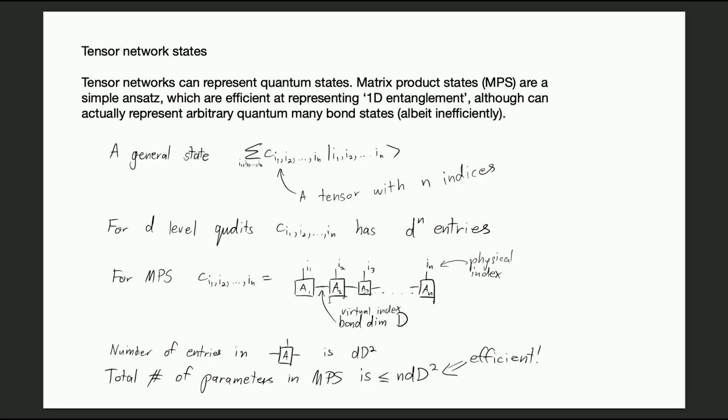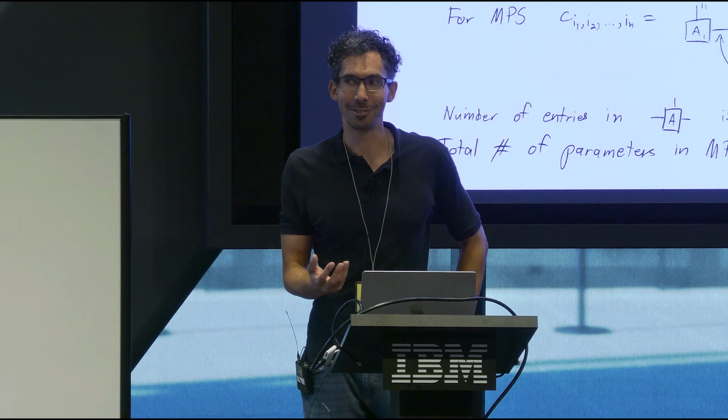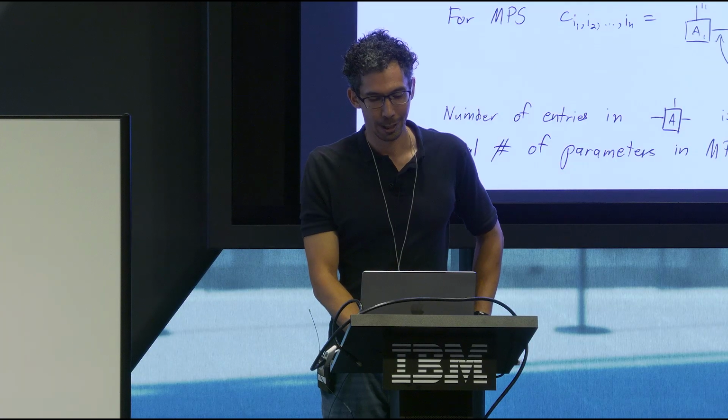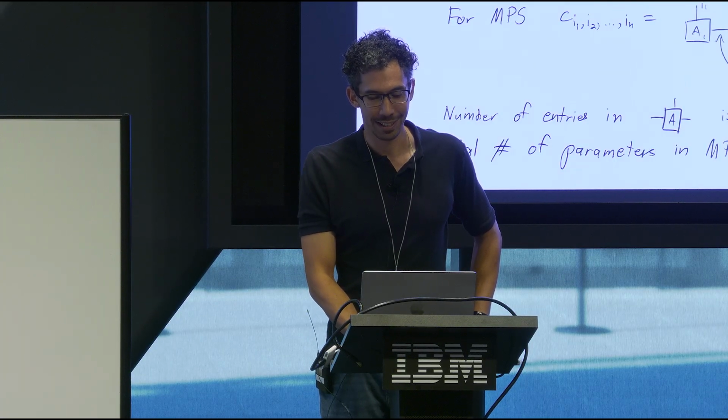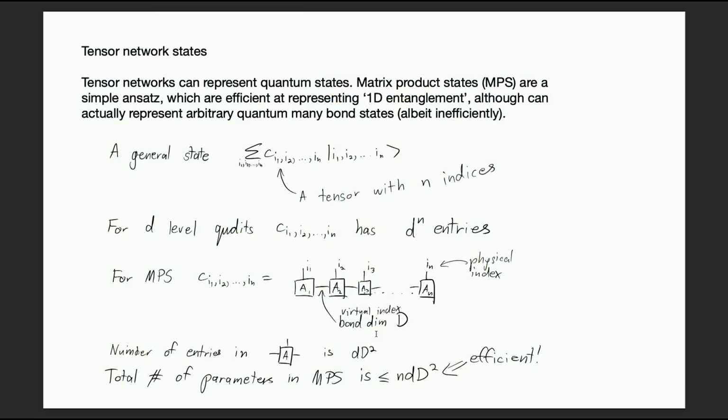If you don't put any constraints on the dimension of the bond connecting these tensors, then you can actually represent arbitrary states. Although to represent arbitrary states, in general, you're going to need a bond dimension that grows exponentially with the system size.